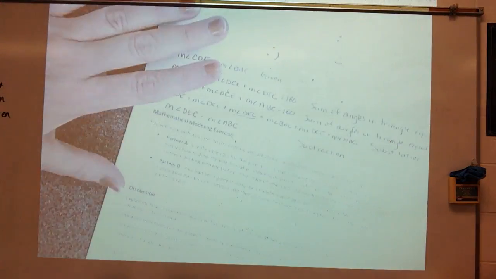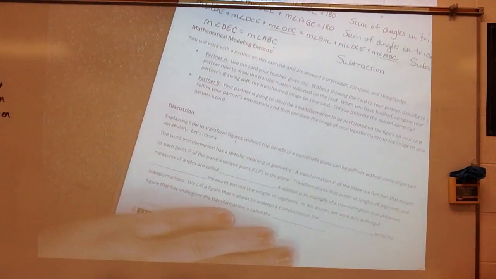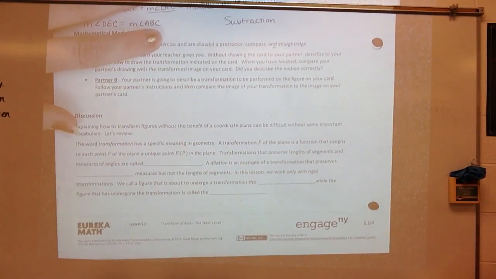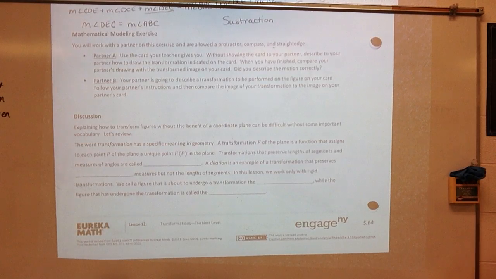Alright, so let's look at our discussion. This is probably some of the most important discussion that we're going to have. The word transformation: explaining how to transform figures without the benefit of a coordinate plane can be difficult without some important vocabulary. So let's review. The word transformation has a specific meaning in geometry.